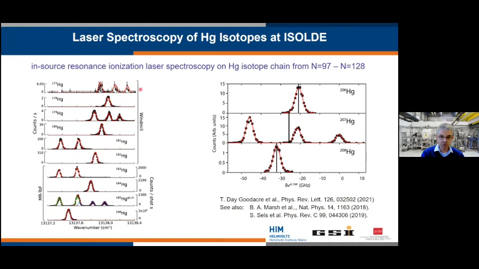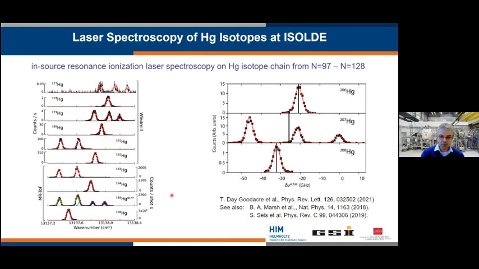On these most exotic cases, the count rates are quite small, whereas for the other cases, the count rates are already much higher. But nonetheless, with all the different detection techniques at hand, one can really cover the most neutron deficient mercury isotopes, and also, importantly, the neutron rich ones, which are beyond or at the neutron shell closure at 126.